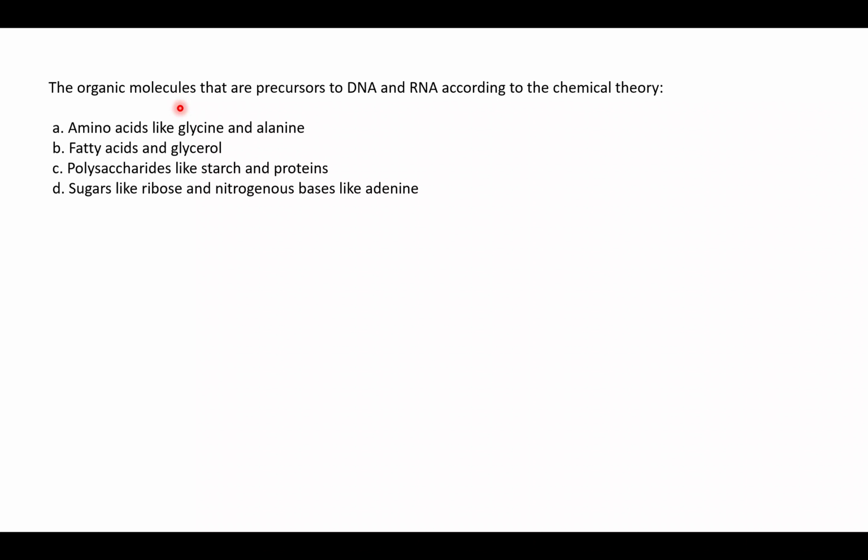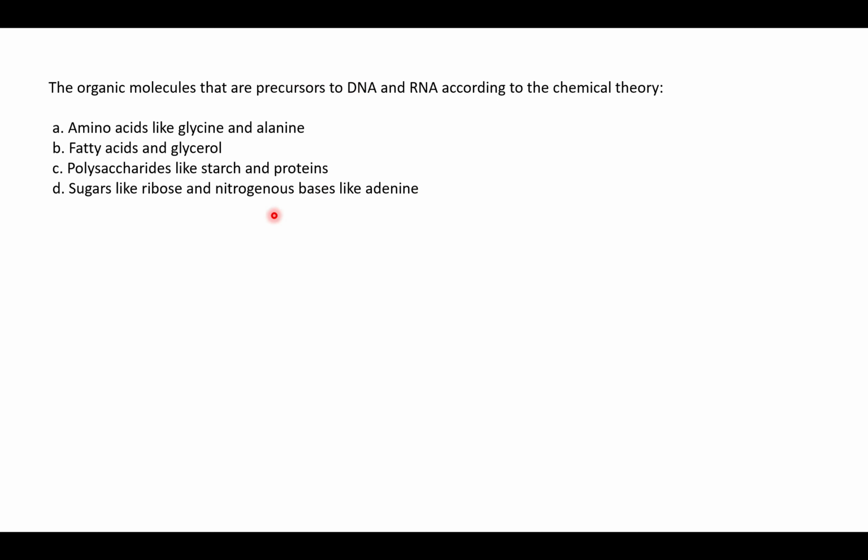The organic molecules that are the precursors of DNA and RNA, according to the chemical theory, are amino acids like glycine and alanine, fatty acids and glycerol, or polysaccharides like starch and protein, or sugars like ribose and nitrogenous bases like adenine. This is a very simple question.